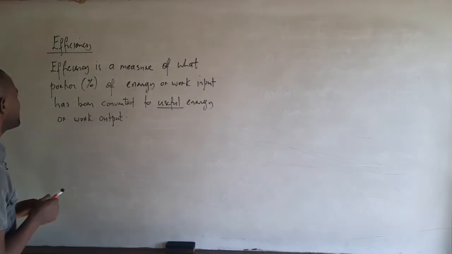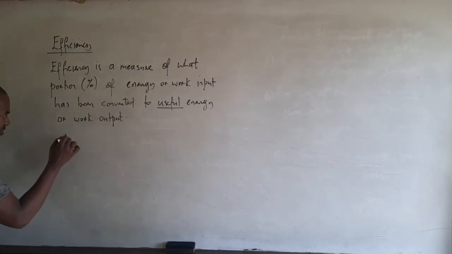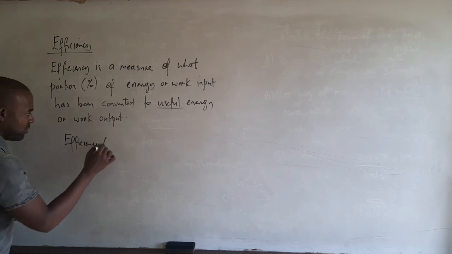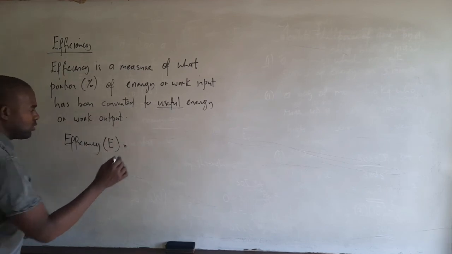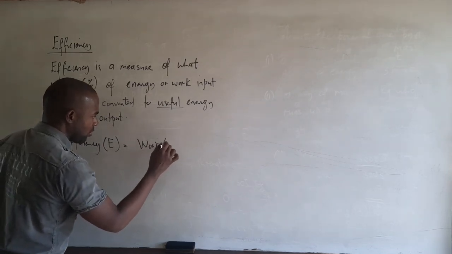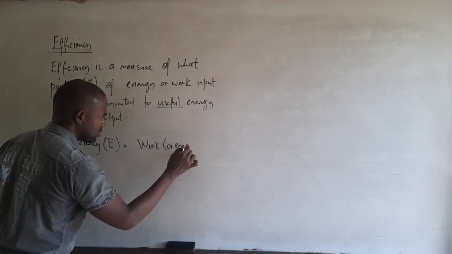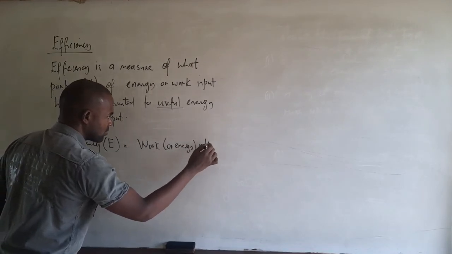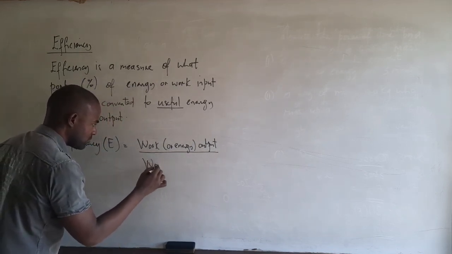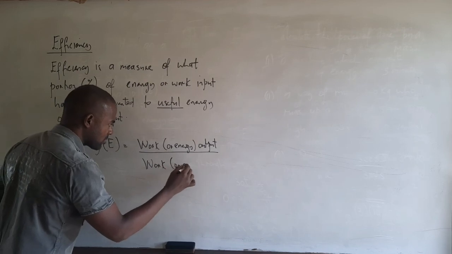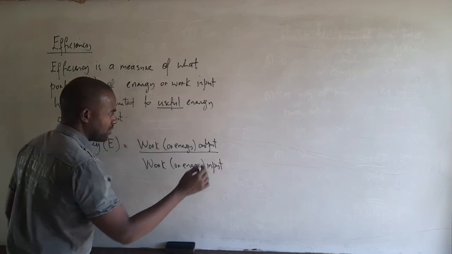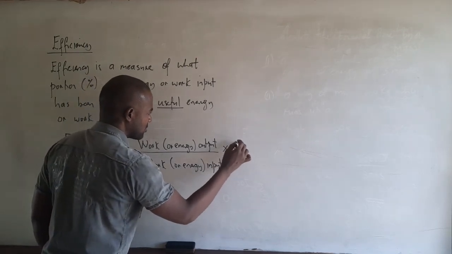So the formula for calculating efficiency, the symbol for efficiency is E, is equal to work or energy output divided by work or energy input, and this is times 100%, right?